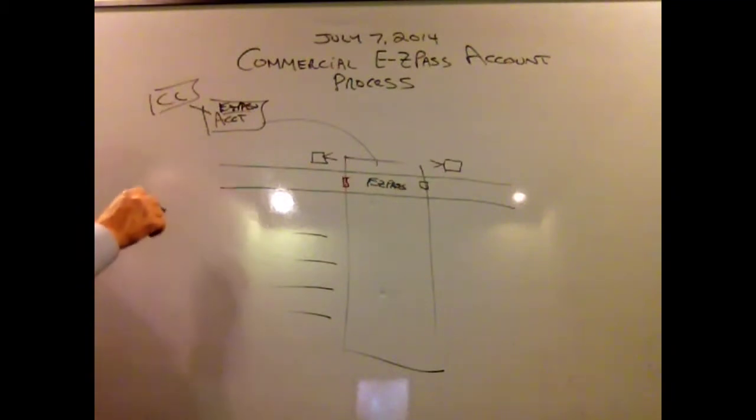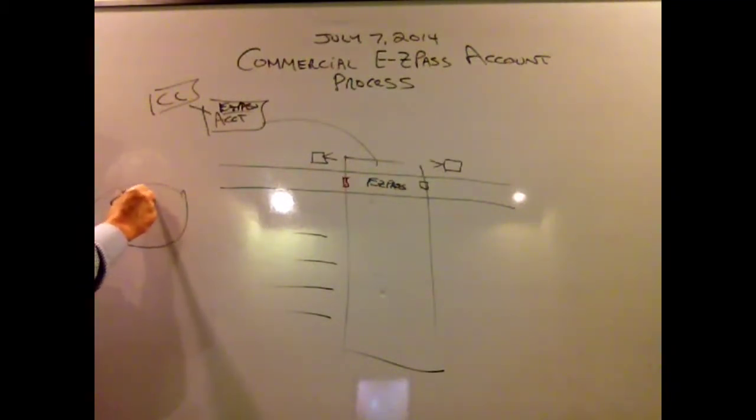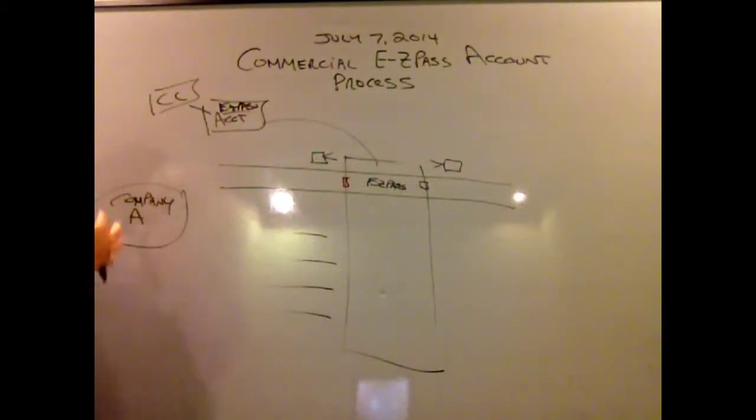So here's how the process works. Here is Company A. Company A, let's say, operates in Florida or Canada or Texas or whatever, and they don't operate in the E-ZPass area, but because of a huge event like Sandy or something like that, it causes them to move fleets into the E-ZPass region.